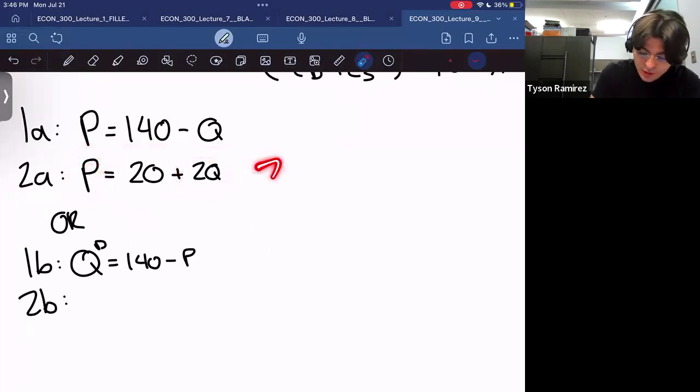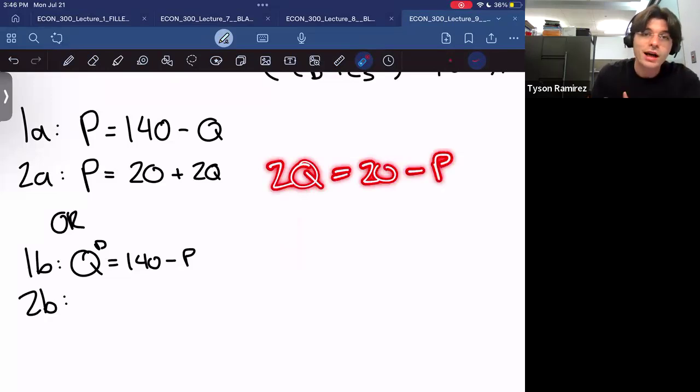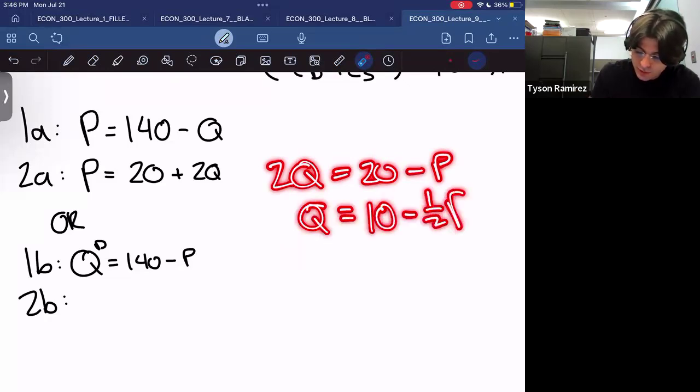So that would look like 2Q equals P minus 20, but I want Q by itself. So this would become Q equals 1/2 P minus 10.